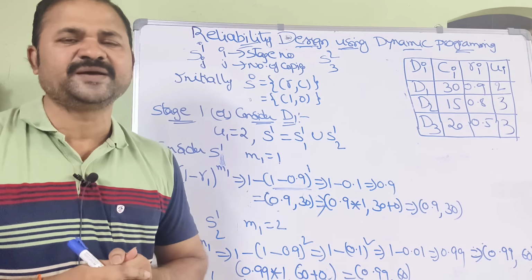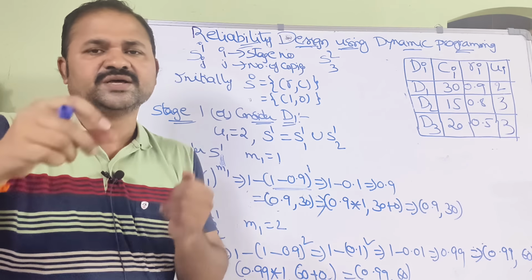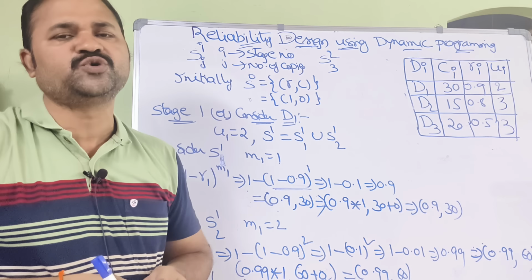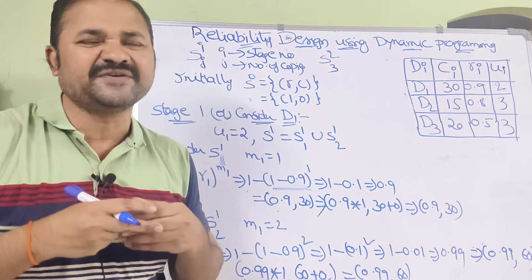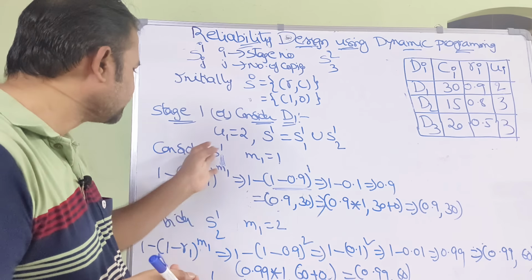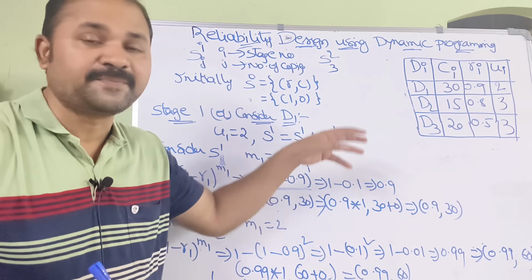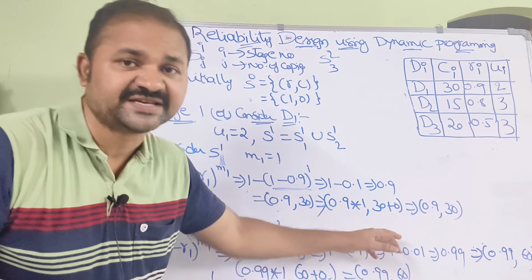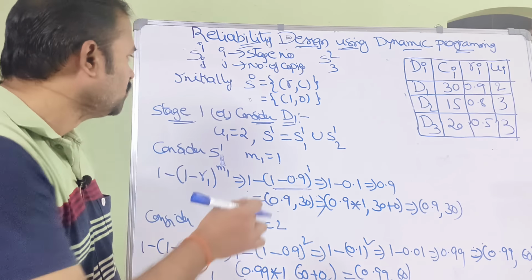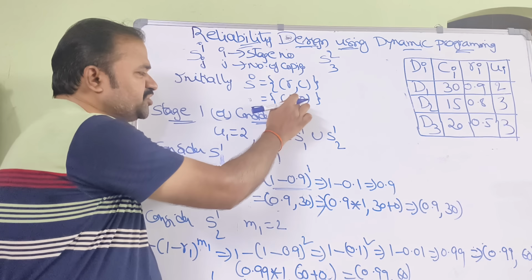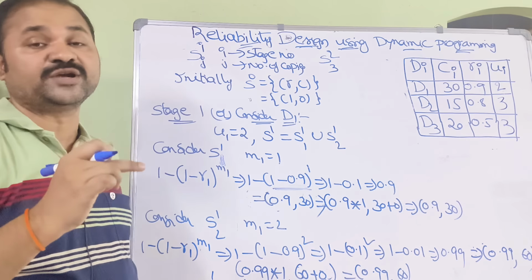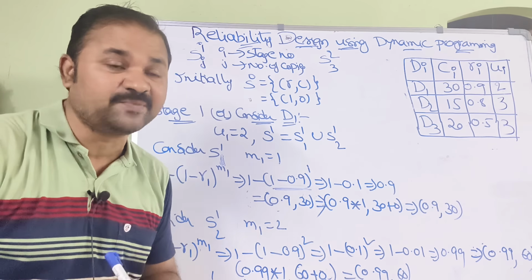Now the stage 1 output will be given as input to stage 2. So every time, after getting a stage output, we have to do some multiplication and addition with its previous stage output. What is S power 0? 1 comma 0. This 1 is reliability, so we have to multiply the reliabilities.